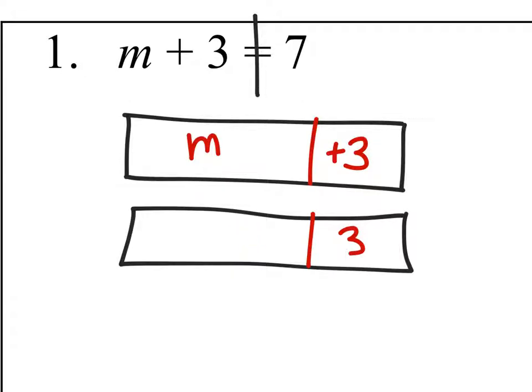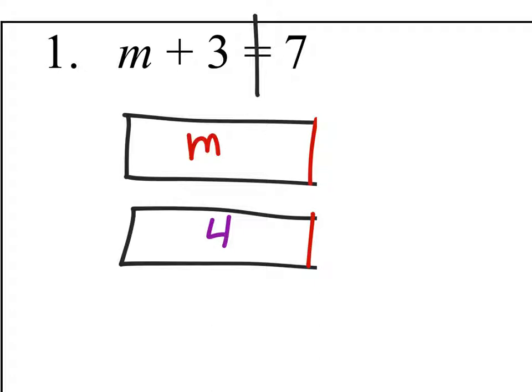If that's 3 and the whole bar is 7, what is the rest of it? A 4, right there, okay. So, in other words, we can kind of get rid of these 2 3 parts because they match each other. And we just have an m that is also represented by 4. So, our answer, m equals 4.